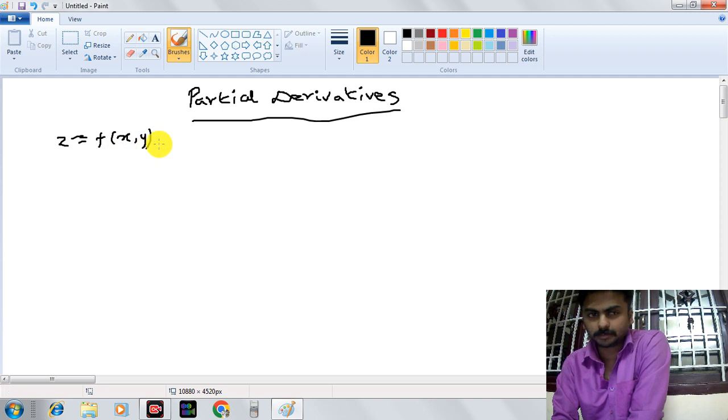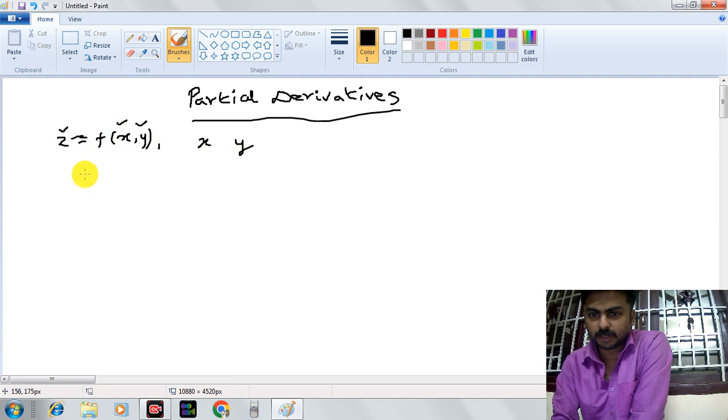Then the given function can be differentiated with respect to x and y, because we have two independent variables x and y. So the function can be differentiated with respect to both x and y. Here z is a function of two independent variables x and y.